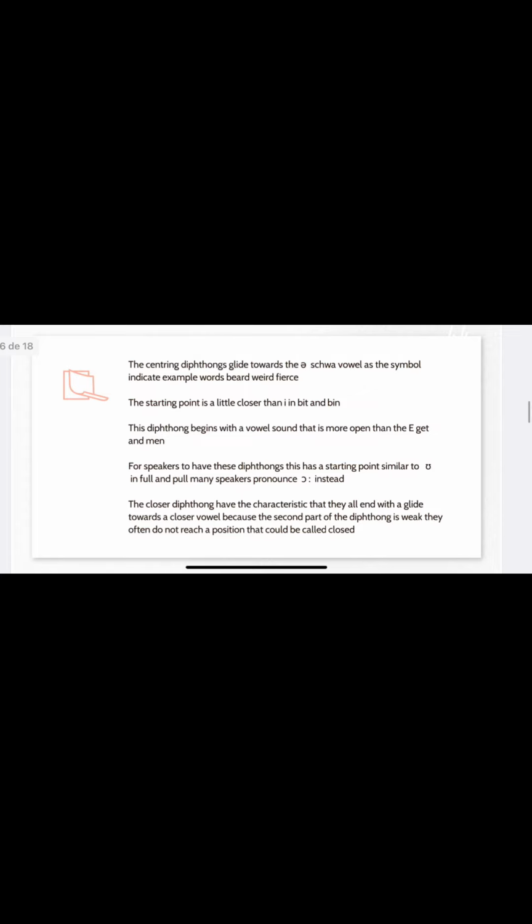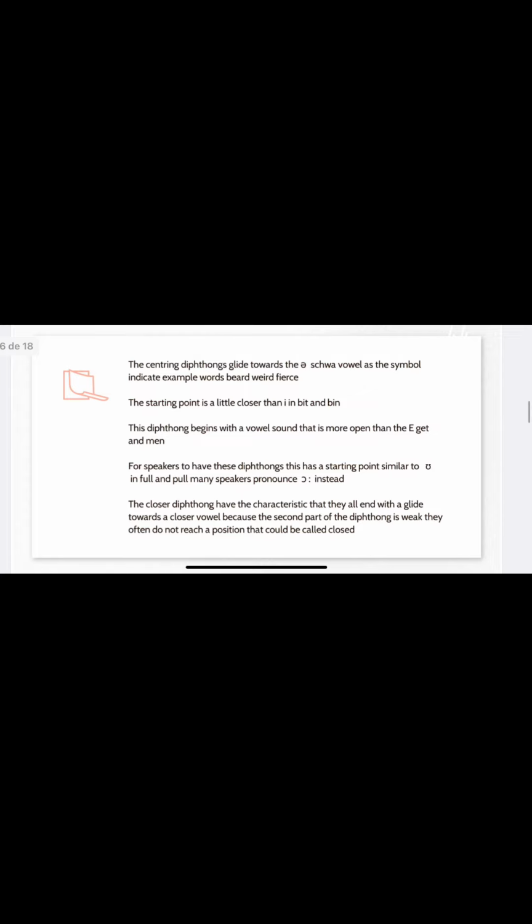This diphthong begins with a vowel sound that is more open than the vowel in get and men. But for some speakers, this diphthong has a starting point similar to the vowel in full and pull. Many speakers pronounce O instead.